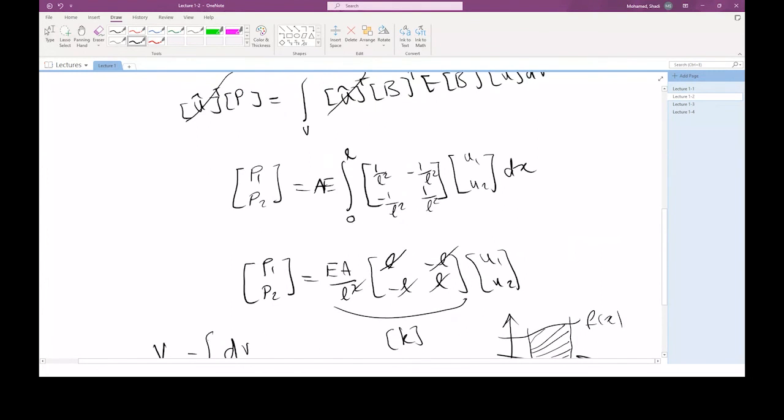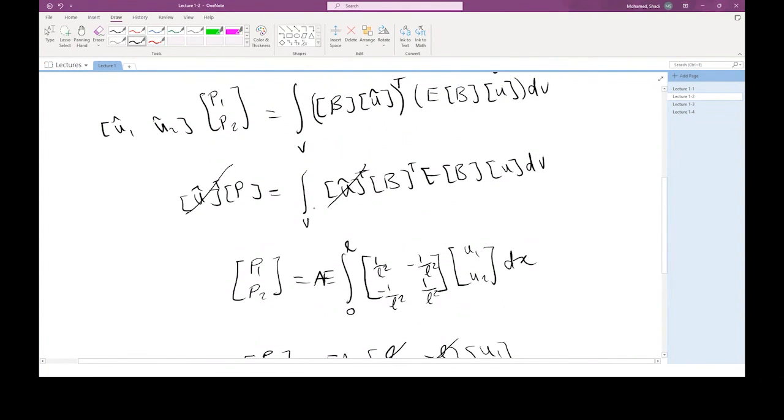But if this is not constant, we cannot replace the integration over the volume with the integration over the length. Then in this case, we need to perform the integration over x, y, and z, dx, dy, and dz. So we need to perform the full integration in this case.